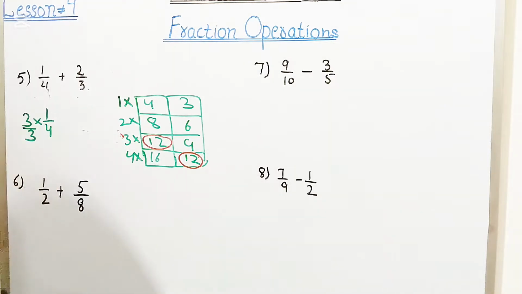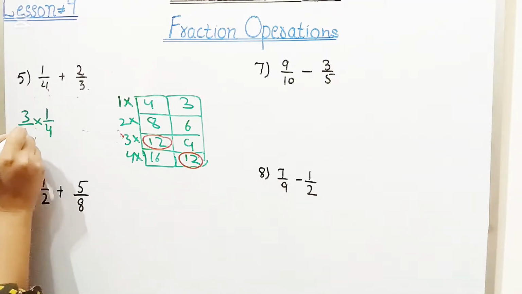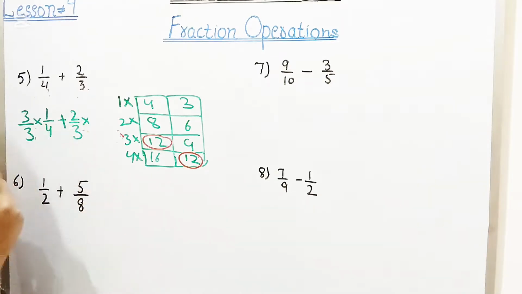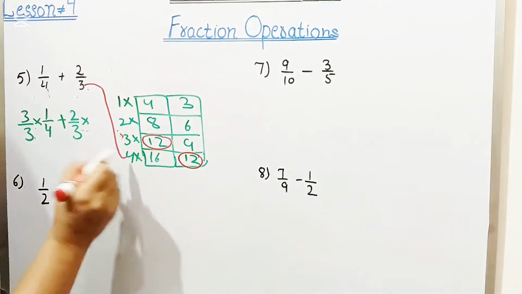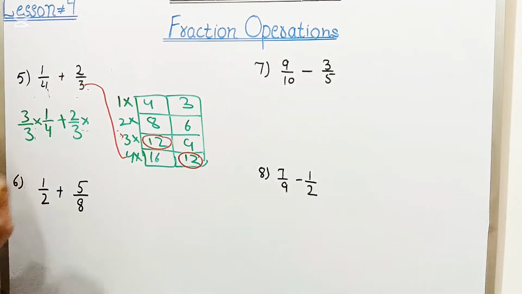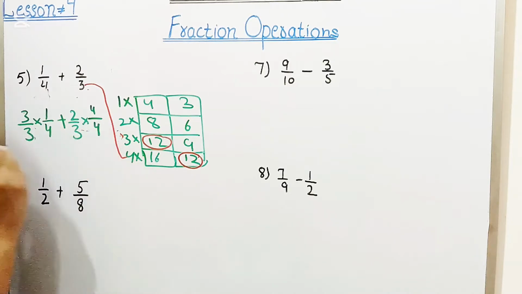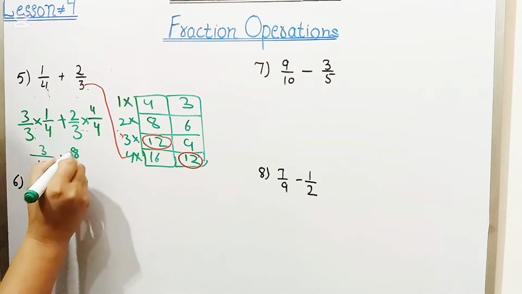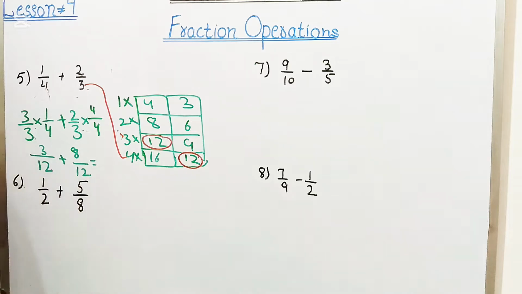In which we multiply the denominator, we multiply the same number to the numerator. 3 by 3 plus 2 by 3 multiplied with 4, 4 by 4. 4 3s are 12. 3 1s are 3 plus 4 2s are 8. 3 4s are 12.